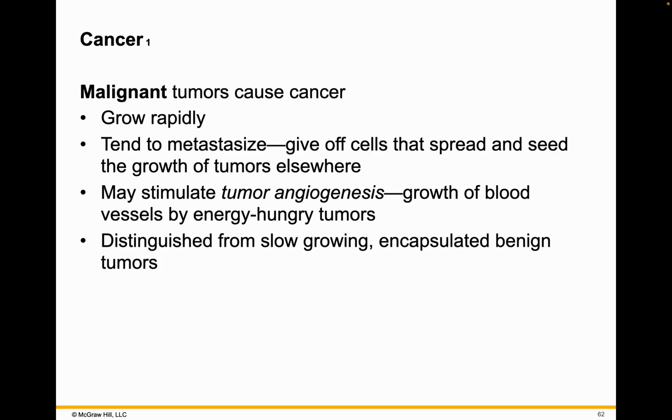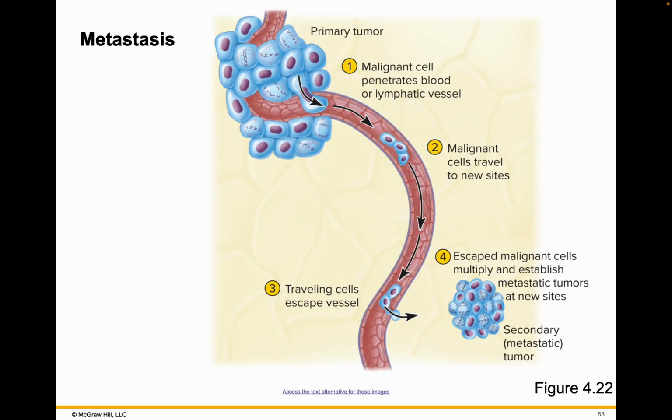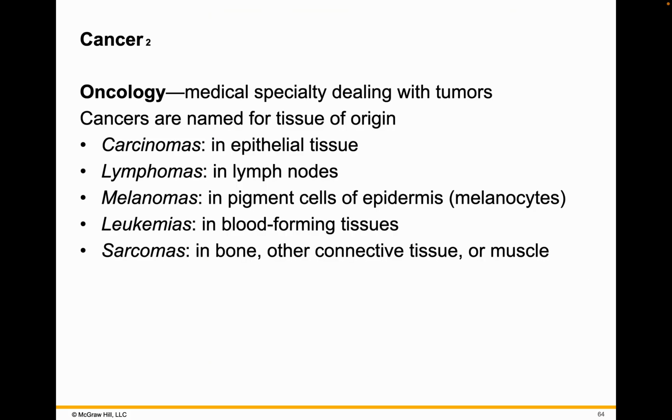And they are distinguished from slow-growing, encapsulated, benign tumors. I'm sure you're aware of metastases. We can treat almost all primary cancers. By the time they metastasize, it becomes much more difficult and in many cases impossible.